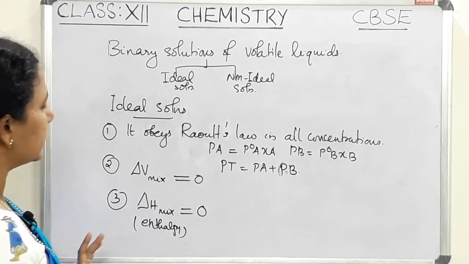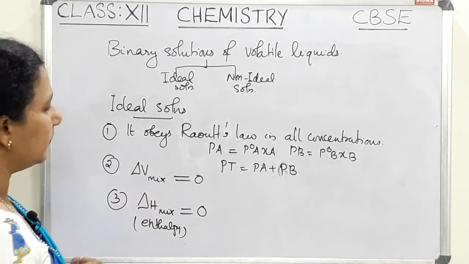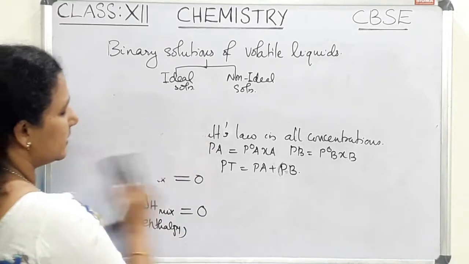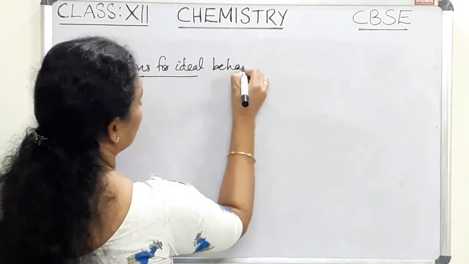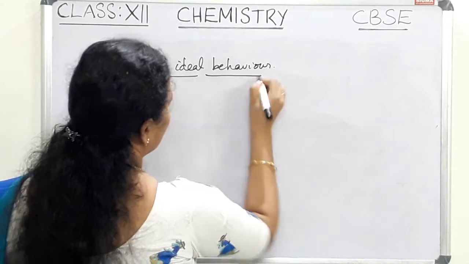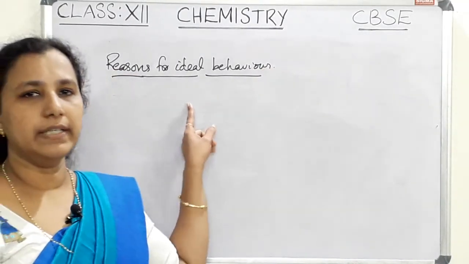So, what is the reason behind all these characteristic features? Let's see the reasons for ideal behavior.